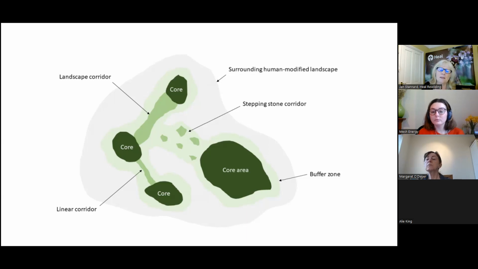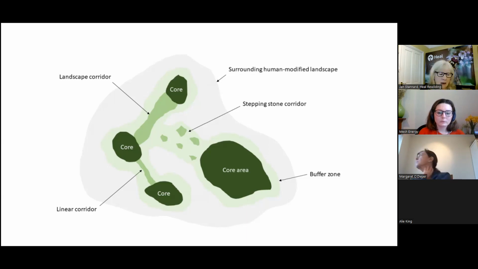Those are all things that enable wildlife to move around the landscape and transit safely. So although this is a rural concept, your cores could be buildings, but you could have the corridors between. So that's a connection to many of you who will be listening.